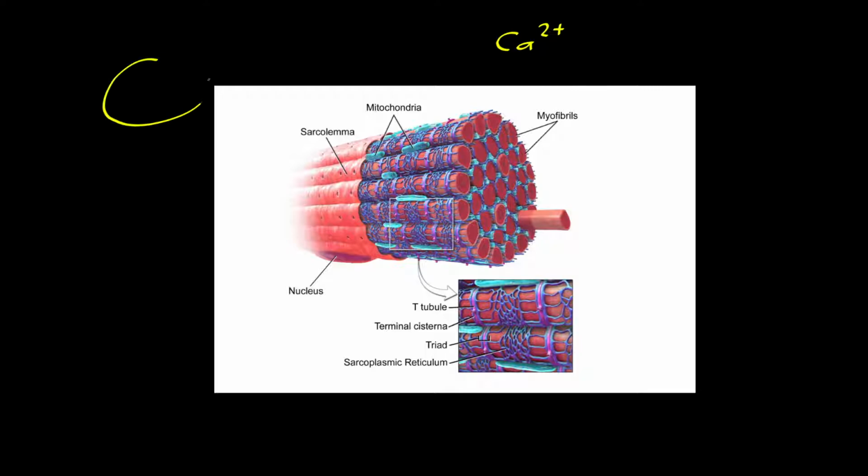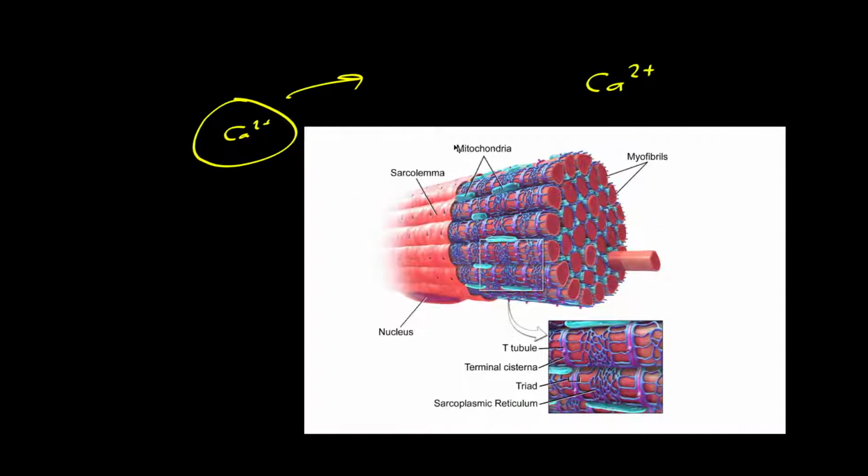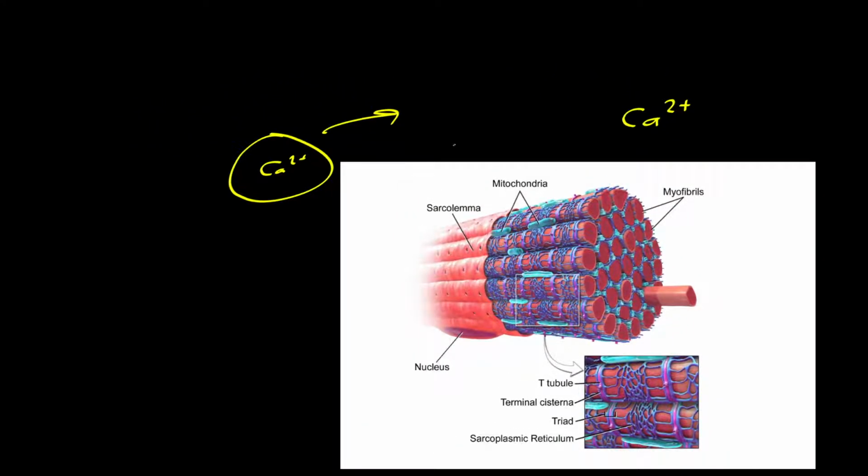Often we'll just draw it as a bag of calcium, but it's maybe useful to remember that in truth it is this mesh that's all over the muscle and just ready to dump calcium into individual sarcomeres whenever it's needed.